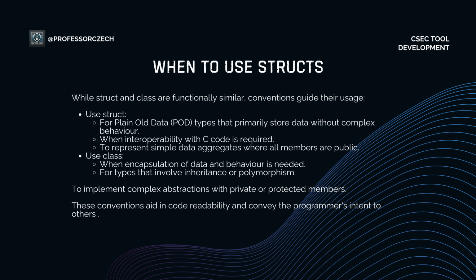You're going to use a class when encapsulation of data and behavior is actually necessary, for types that involve inheritance or polymorphism, and to implement complex abstractions with private or protected members. So these conventions aid in code readability and convey the programmer's intention.